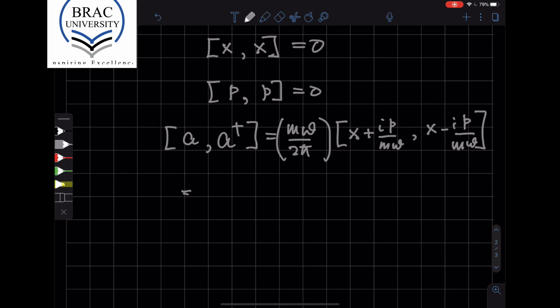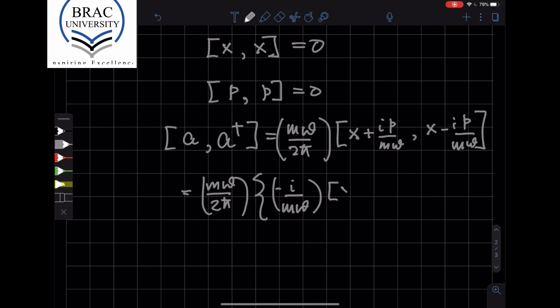So this becomes m omega by 2 h bar times the commutators. Of course, the commutator between x and x is 0, and the commutator between p and p is 0. So the two commutators which will be non-zero are the ones between x and p and between p and x. So we get two terms, and each term will have a constant. The first term gives me this, and then we have the commutator of x and p.